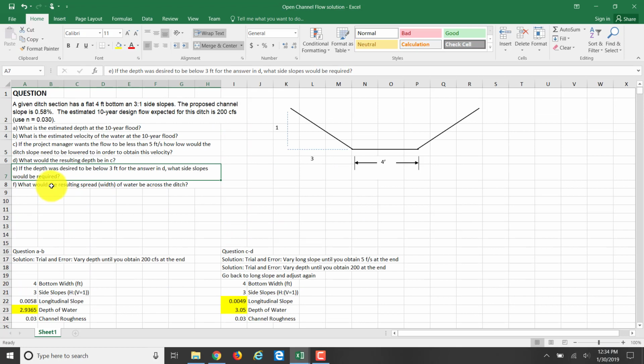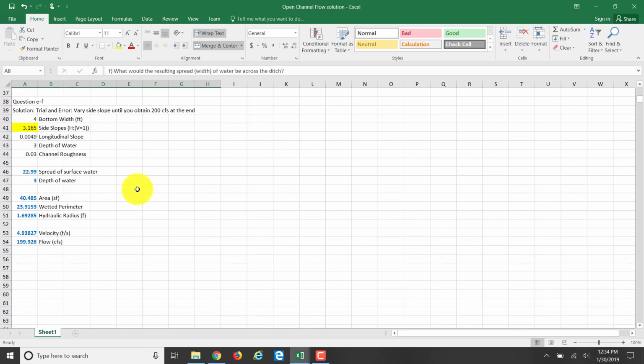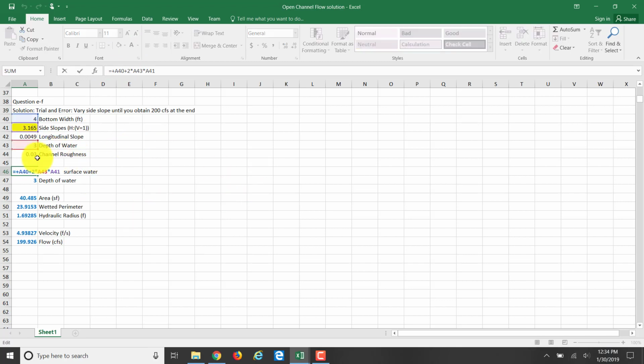The next item that I need here is, what is the resulting spread of the water? And I've just carried over the same information I had previously. So the spread of my water is 22.99. So that is the bottom width right over here. If I hit F2, it tells me that all went in here.